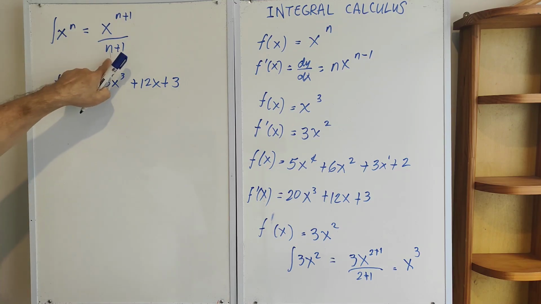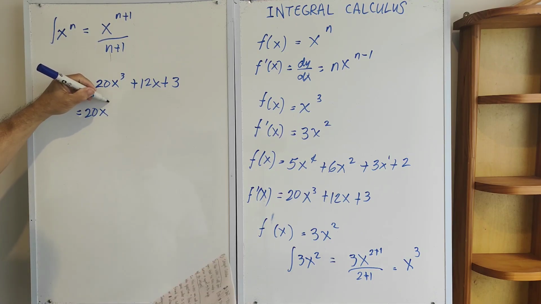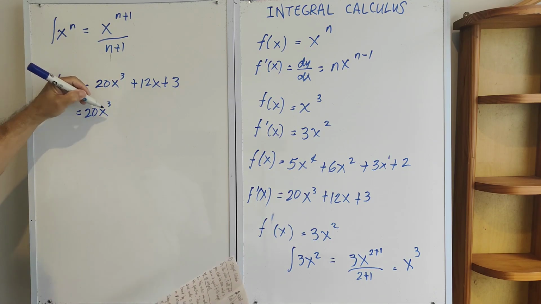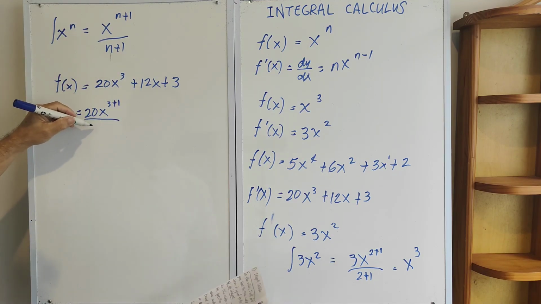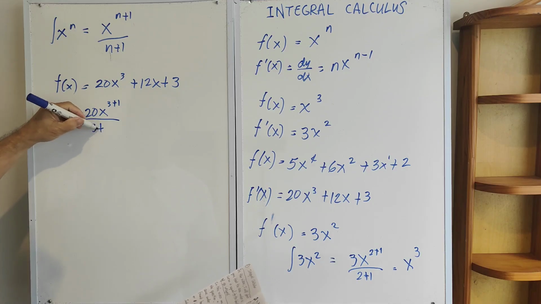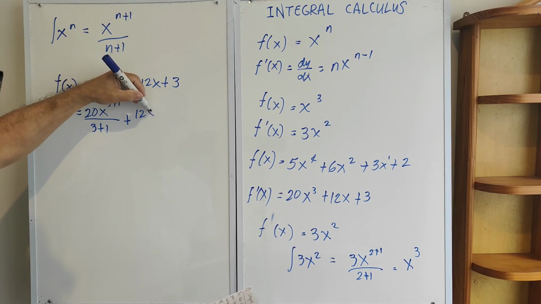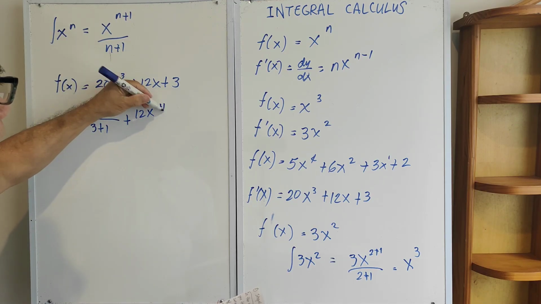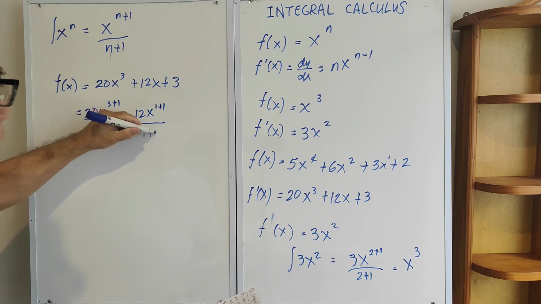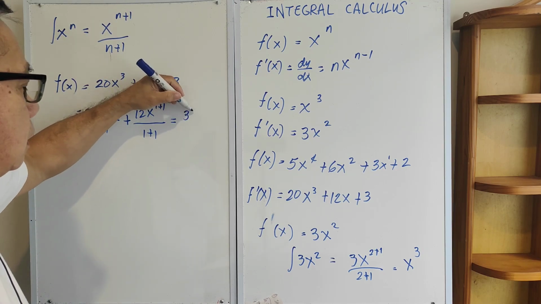So applying this equation, this becomes 20 x to the 3 plus 1 over 3 plus 1, plus 12 x to the 1 plus 1 over 1 plus 1, and this is 3.